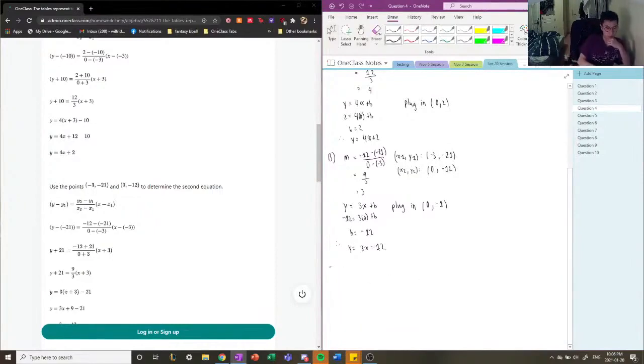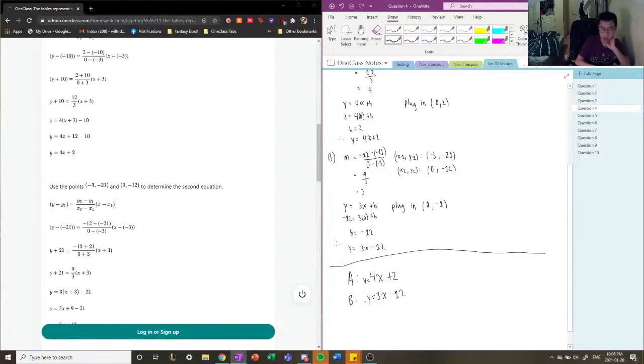Now we need to find the point of intersection between these two lines. A is y equals 4x plus 2, and B is y equals 3x minus 12. There are two different techniques we can use here: the elimination method or the substitution method.